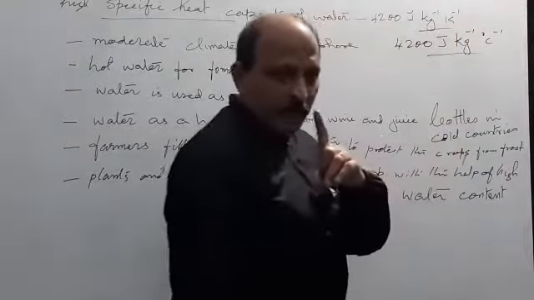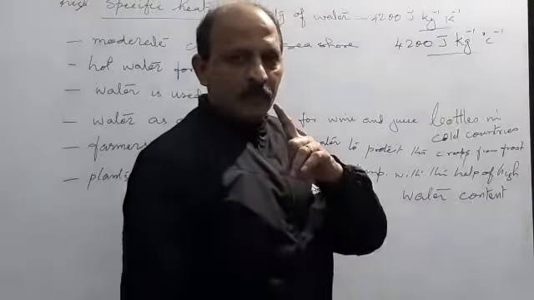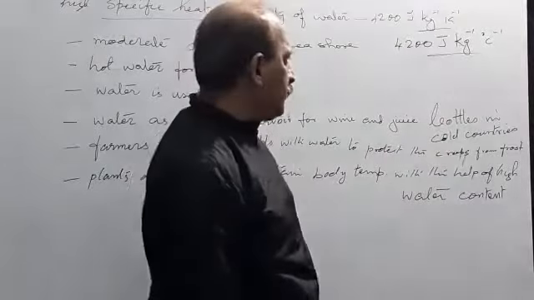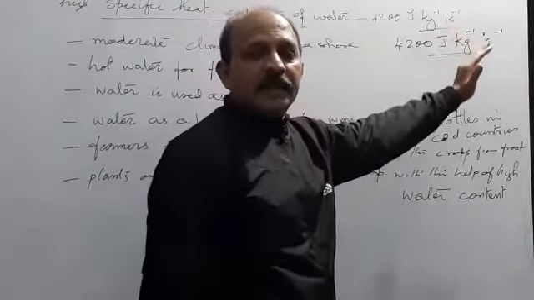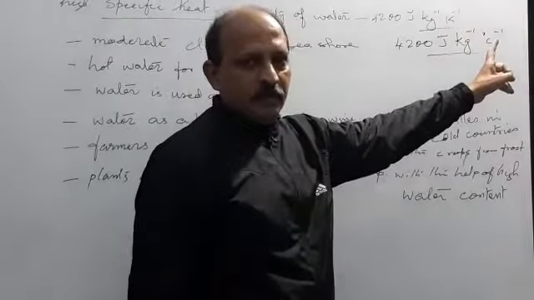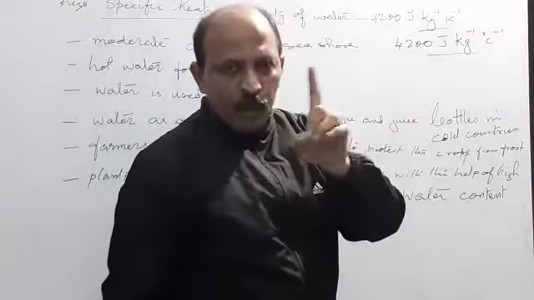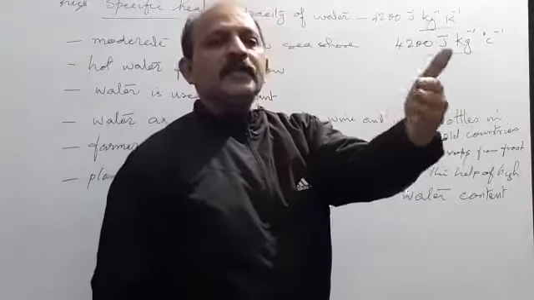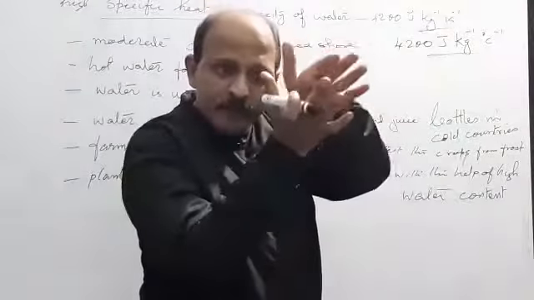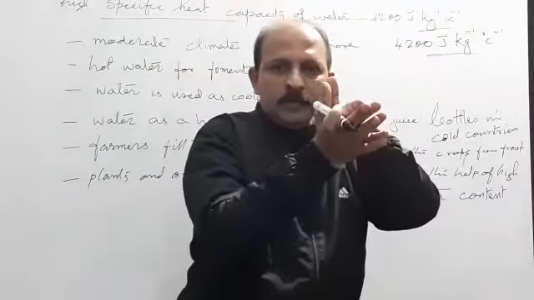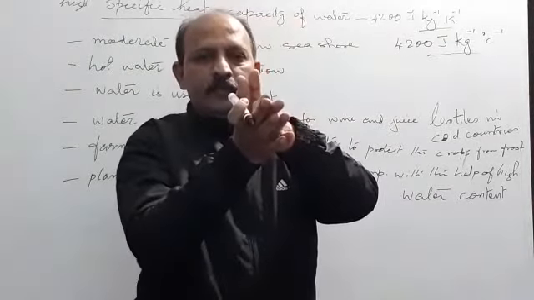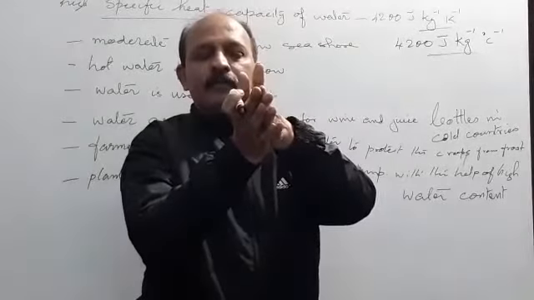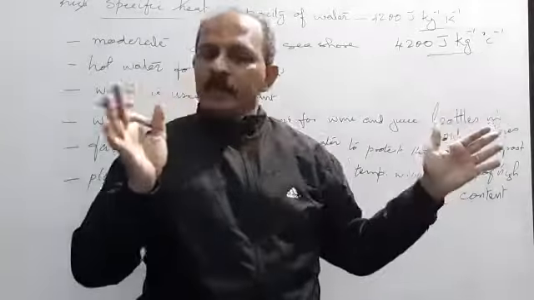Now, one important point, as we explained to you earlier through videos, 1 Celsius degree is equal to 1 Kelvin. 1 Kelvin is not equal to 1 Celsius, but 1 Celsius degree is equal to 1 Kelvin. That means the difference between 2 Celsius degrees is equal to the difference between the temperatures measured in Kelvin.